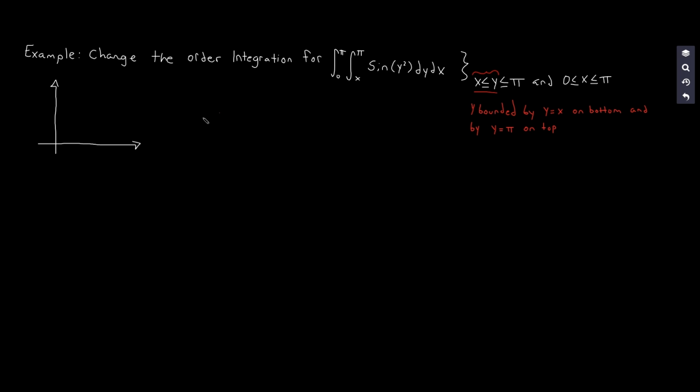So that creates a border. If we graph the line x equals y, then it's going to look like this, a straight line, right? This line is y equals x.